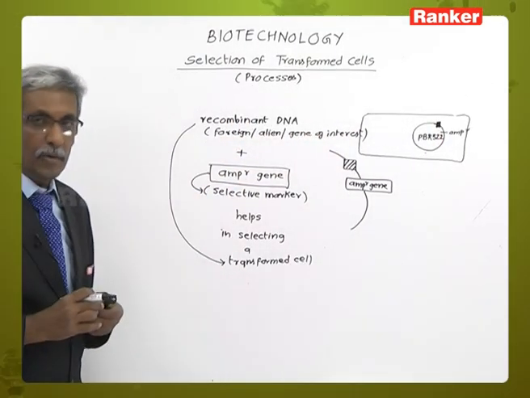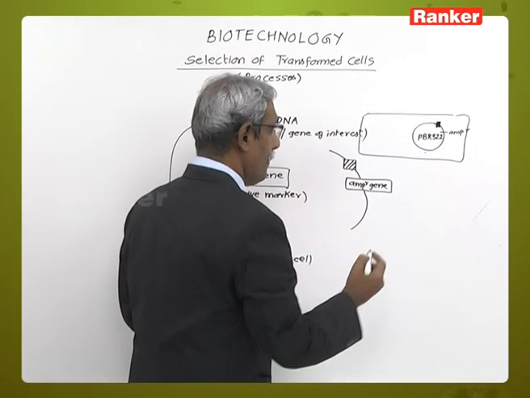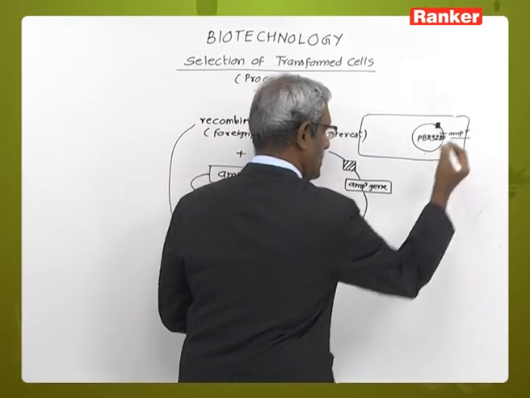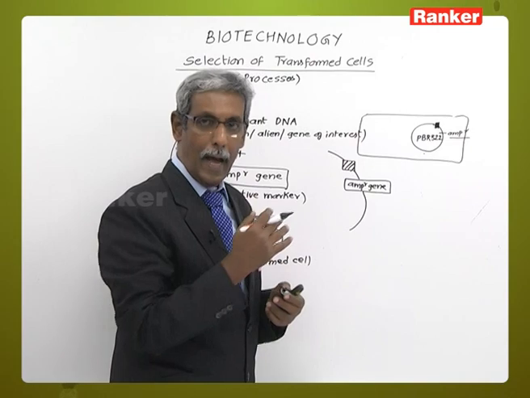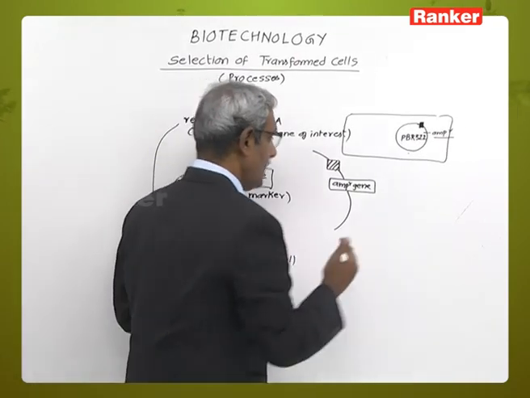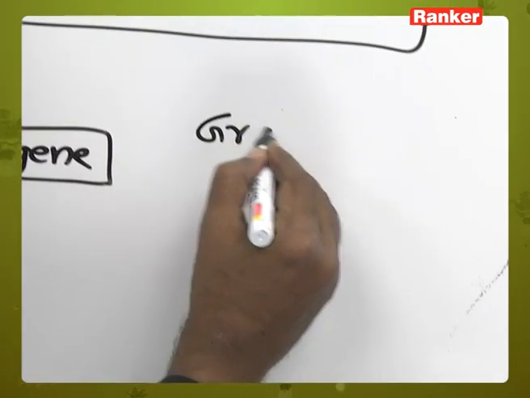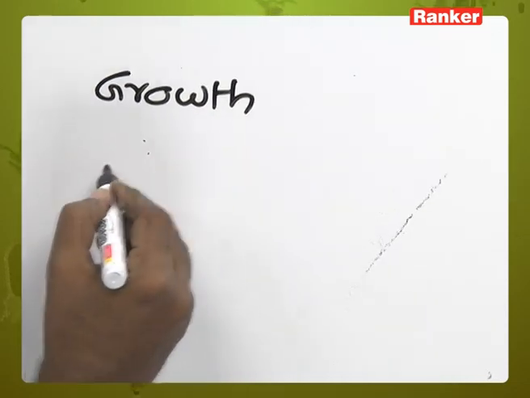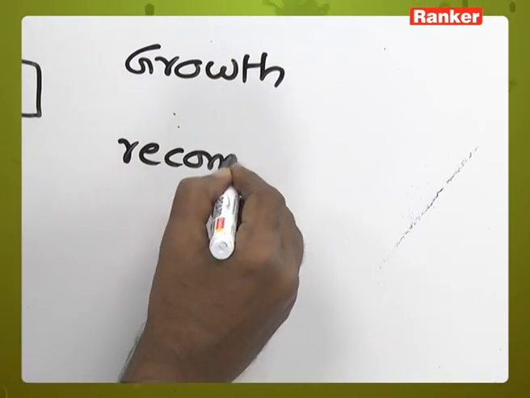When it is introduced into a bacterial cell, because it has got ampicillin resistance, there is growth of the recombinant cells.